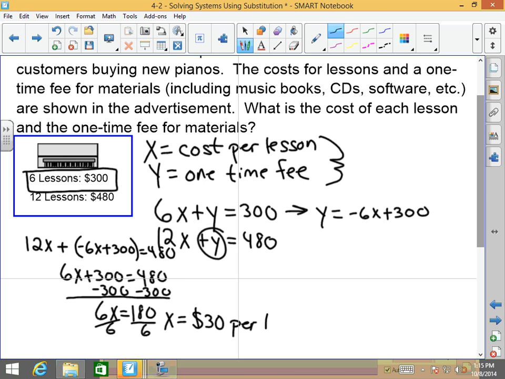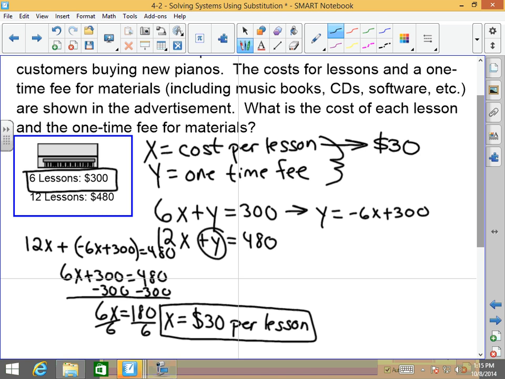per lesson. You've got to be able to describe what you're solving for. That's what X is. The cost per lesson is $30. But now I have to find the one-time fee. So plug this X into the second equation, or into this guy right here.